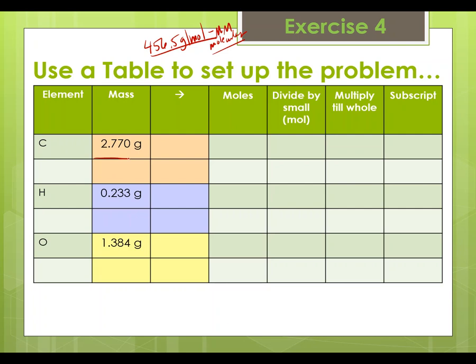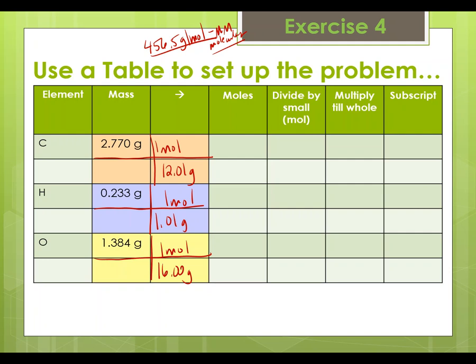But we're going to go ahead and change them to moles, and carbon is still 12.01 grams equals 1 mole off the periodic table. Hydrogen, of course, is still 1.01 grams per 1 mole, and oxygen is still 16 grams per 1 mole. So you're skipping the percent step, you go straight to changing it to moles.